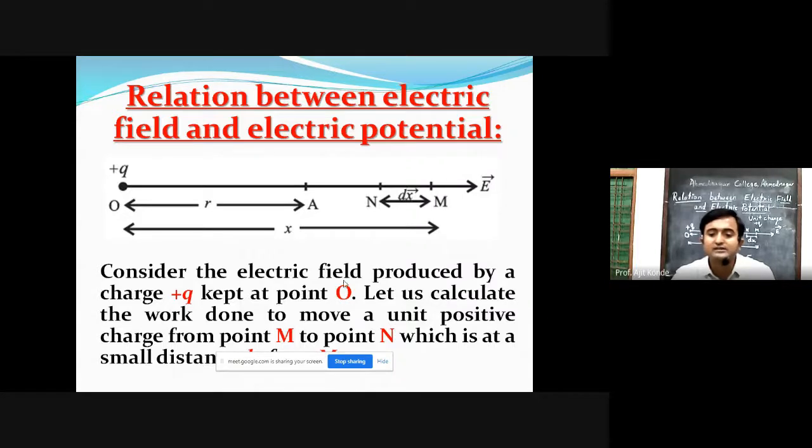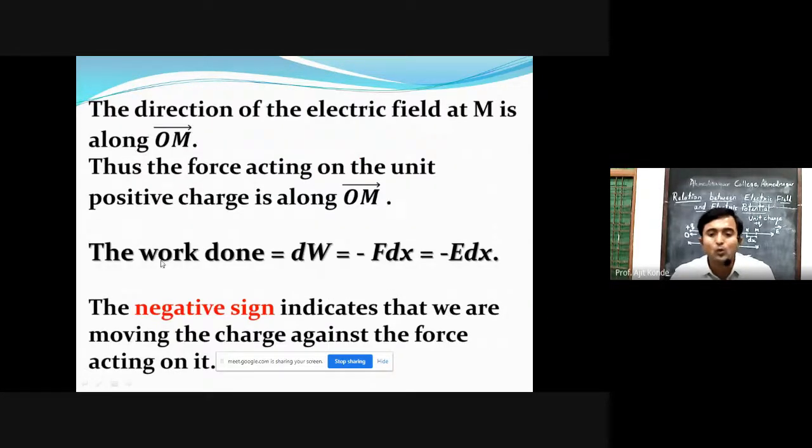MN is dx. Now, the direction of electric field at M is along OM bar. Thus, the force acting on the unit positive charge is along OM bar. Exactly correct. Electric field and force will be in same direction, which will be along OM.